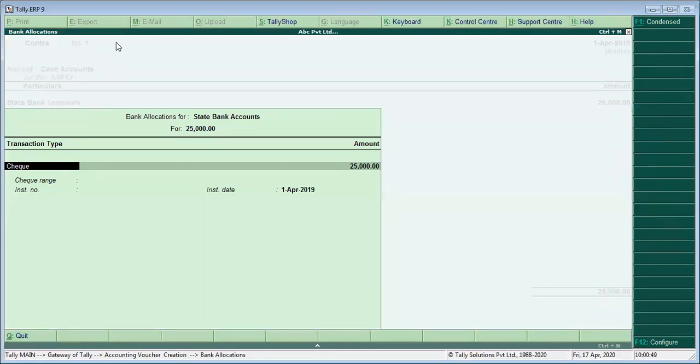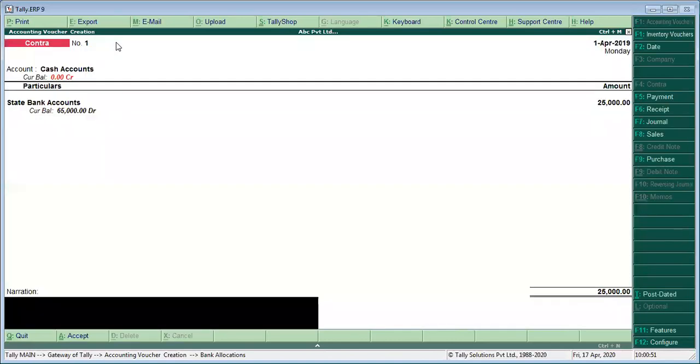You will get certain cheque range and the institution's name. That information is not required. So see, the value which was given, 25,000, has already been given. So what you have done, it has been deposited. The value is deposited.